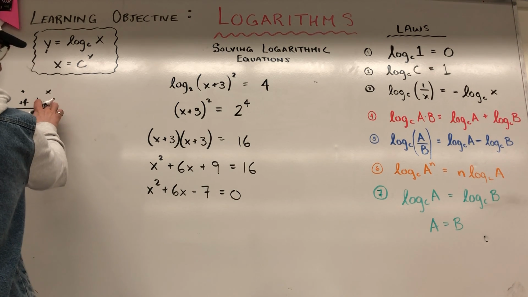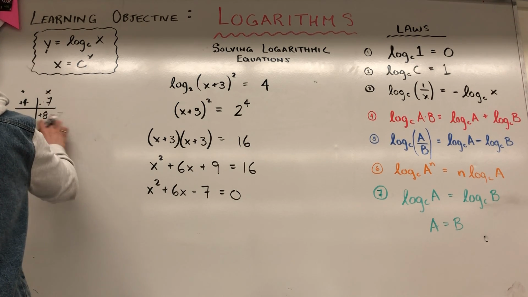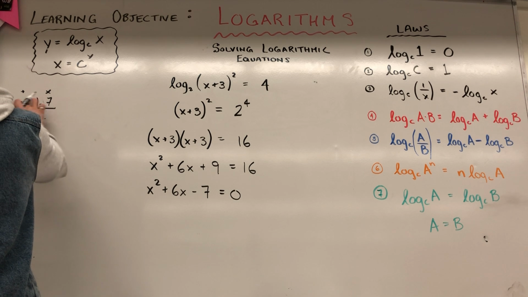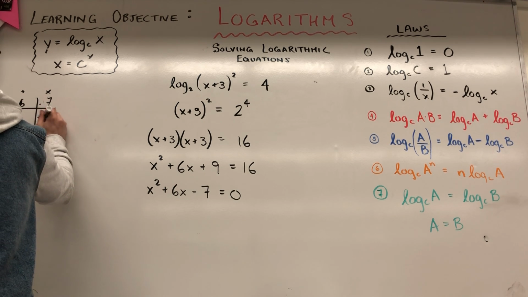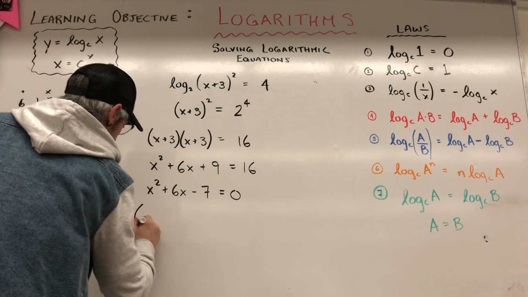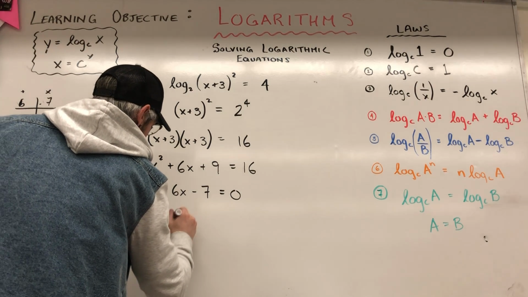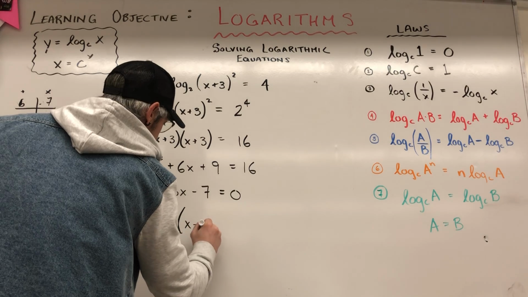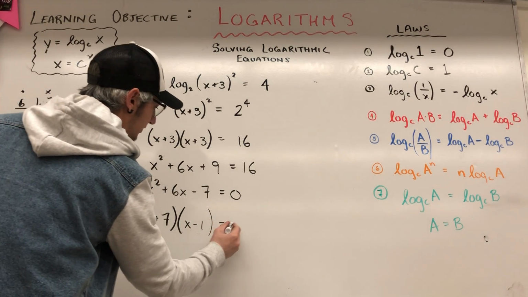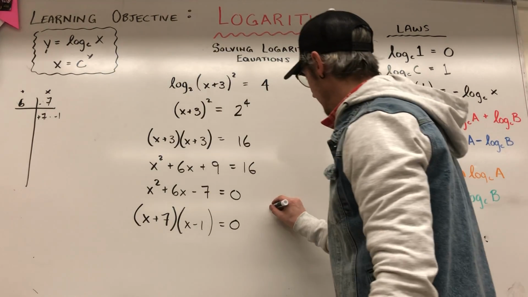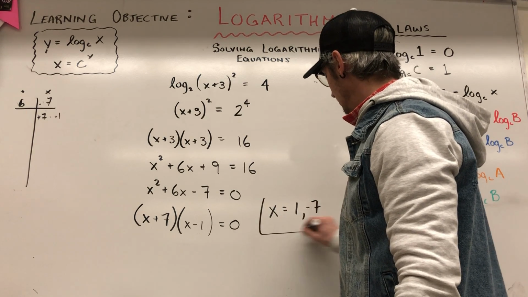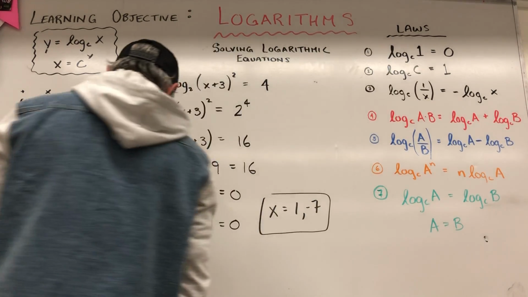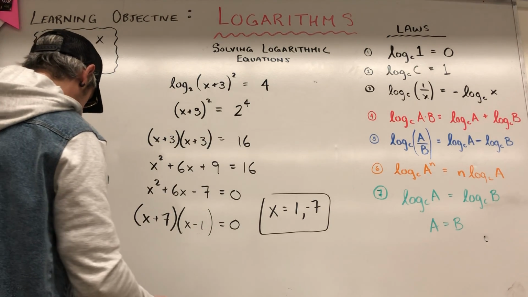Two numbers that multiply to negative 7 and add to positive 6 is going to be positive 7 and negative 1. So x plus 7, x minus 1 is equal to 0. Therefore, my answer is x is equal to positive 1 or negative 7. Those are both scenarios that make this work.